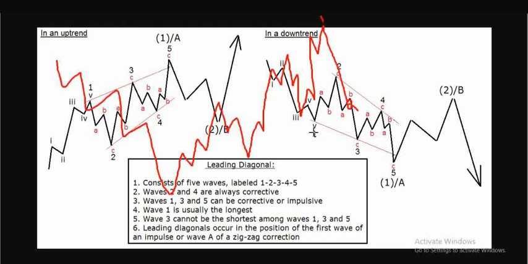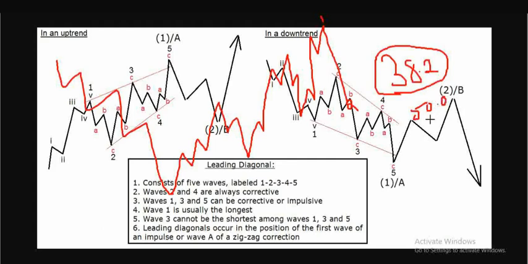Sometimes for a leading diagonal, you want to be targeting the 38.2 Fibonacci retracement. The 38.2 oftentimes has price respecting around it, and then the 50%. Oftentimes we've seen price bounce off around the 38.2 area, or also the 50% Fibonacci retracement of the swing low right here to the swing high right here.